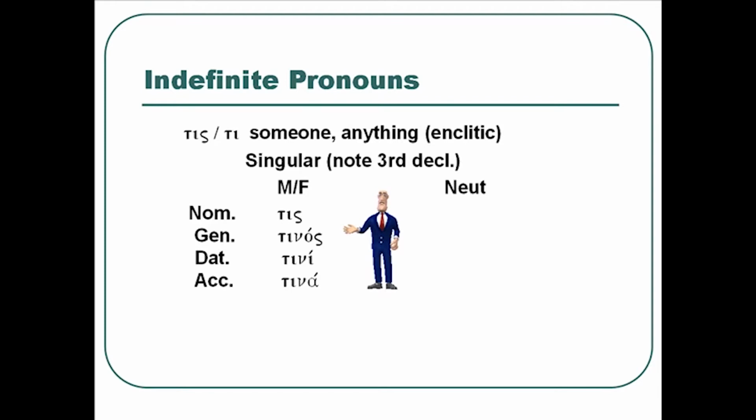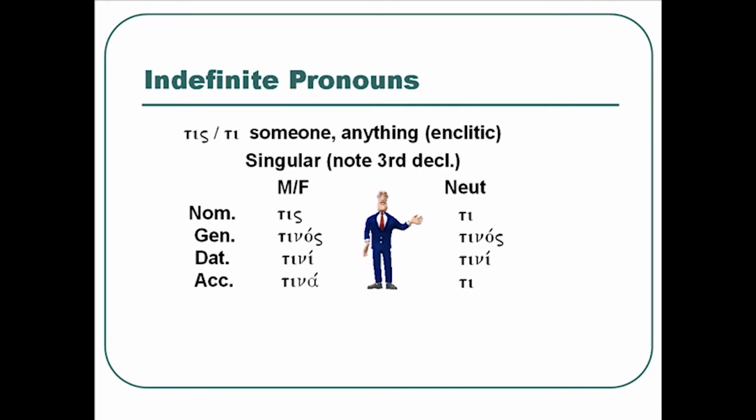Now, the placement of the accent is going to be really important with these. The neuter form is ti, tinos, tini, ti. And so you see the genitive and dative are exactly the same in the masculine, feminine, and neuter forms, and the ti in the nominative and accusative matches in the neuter as we're used to.